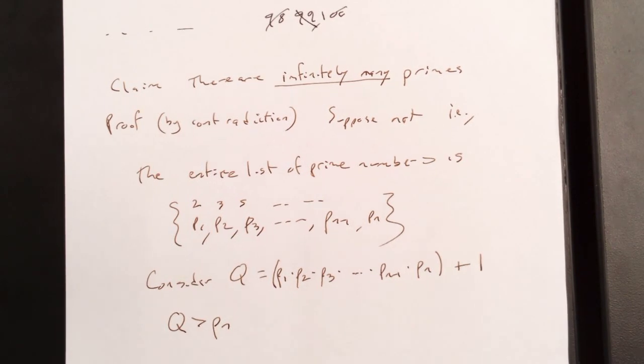If it's bigger than Pn, what kind of a number must it be? It can't be prime. All of the primes are smaller than or equal to Pn, and this number is bigger than that. So it can't be prime.